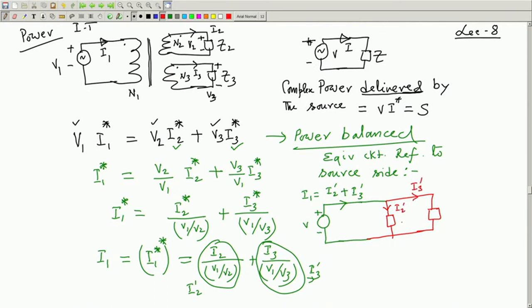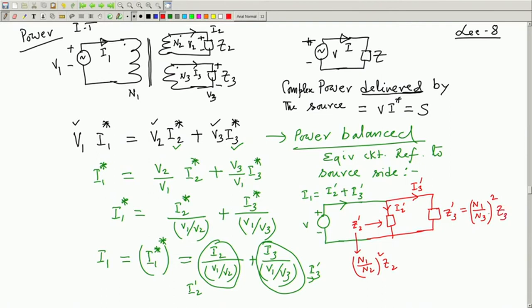This impedance I will write as Z2 dashed, equal to N1 by N2 whole squared into Z2, and the reflected impedance on the primary side I will write as N1 by N3 squared into Z3.